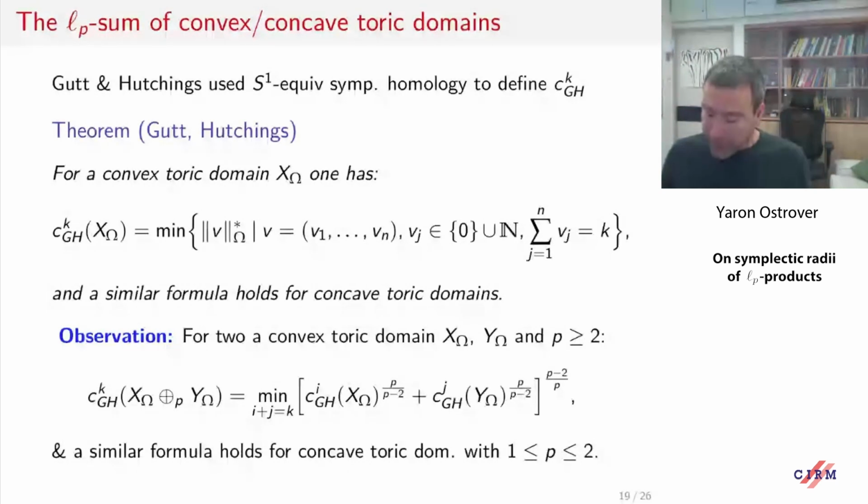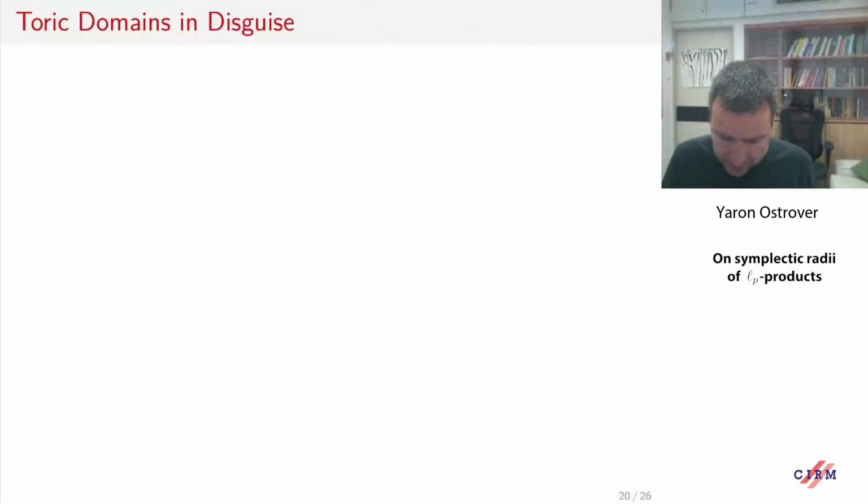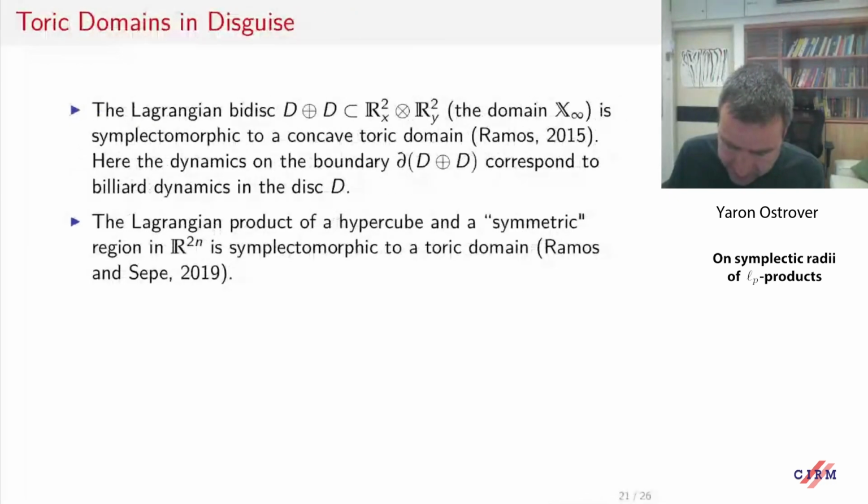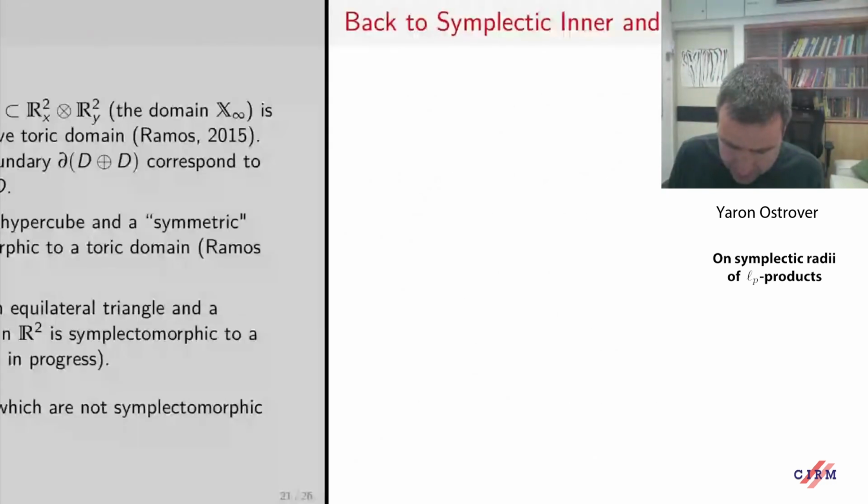Okay. So now let me go back and try to justify why, in the case of the Lagrangian splitting or the Lagrangian sum, there is a priori hope to be able to say something about symplectic embeddings. I'm going to skip some slides here, maybe I will go back to them.